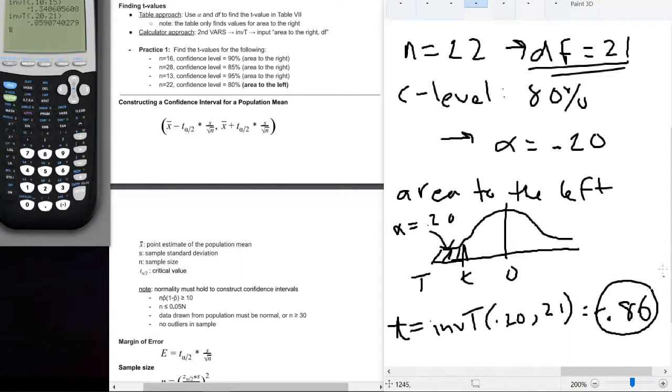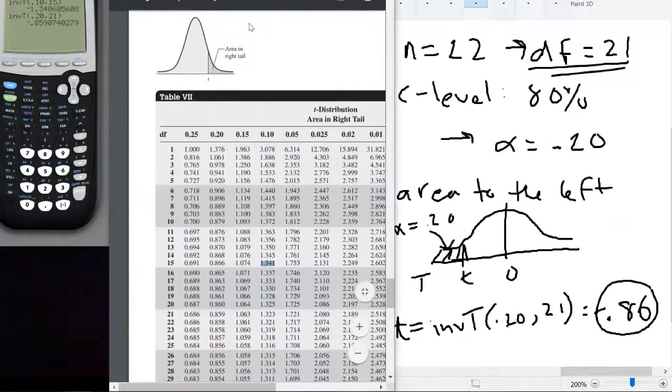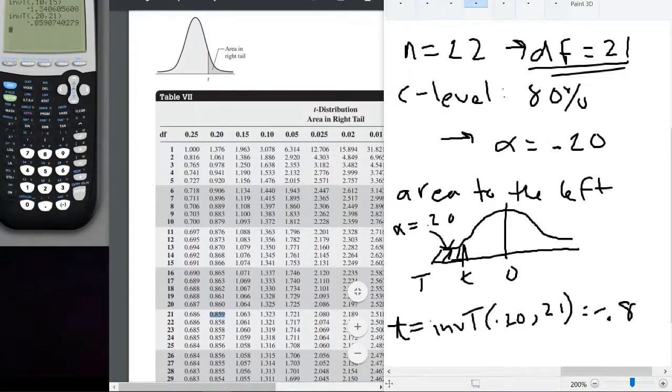And very similar, if we use the table approach, we need to look for area of 0.20, which is here, and we will cross-check this with degrees of freedom 21. So when we go down here, we also get 0.859. Let's call this to 3 decimal places as well.